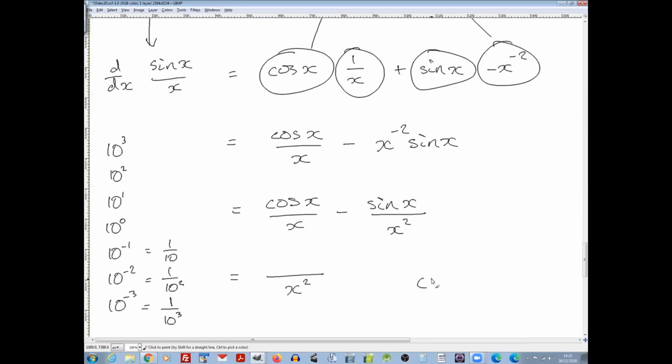But if you multiply cos x by x, you're not looking inside the cos and multiplying the x by x. You're multiplying the whole of it by x. Right, okay. So what's the result of multiplying cos x by x? X cos x, which is different, isn't it?